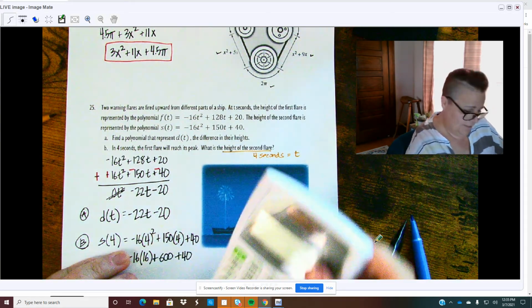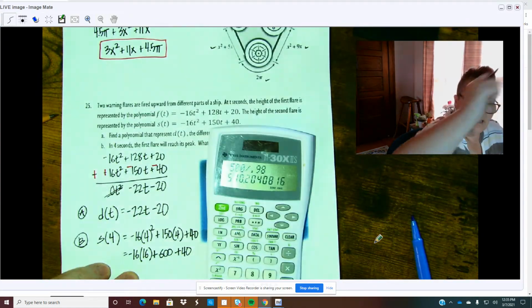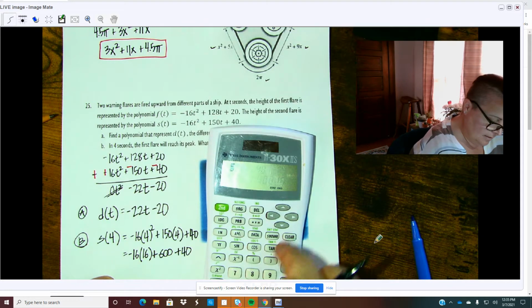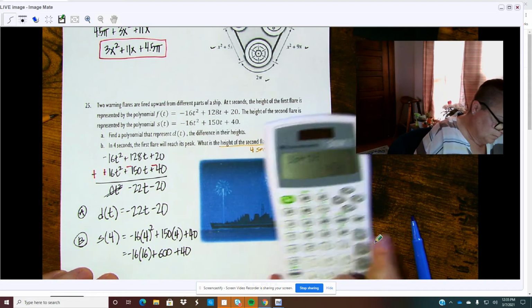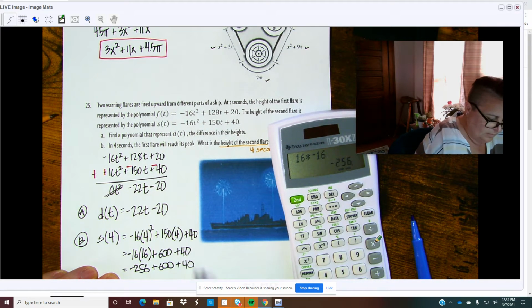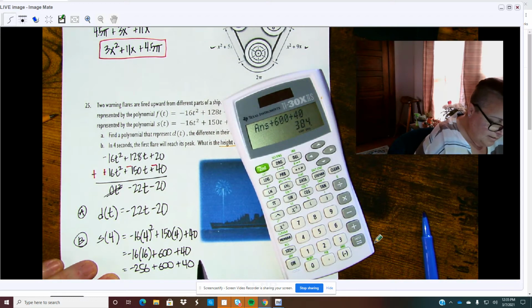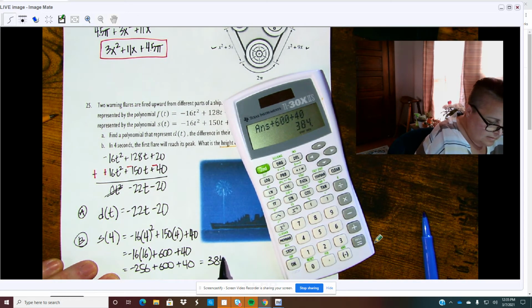I found my calculator. Hey, look at, there's a light there. 16 times a negative 16. Yeah, there we go. So this is a negative 256 plus 600 plus 40, or 384 feet. There we go.